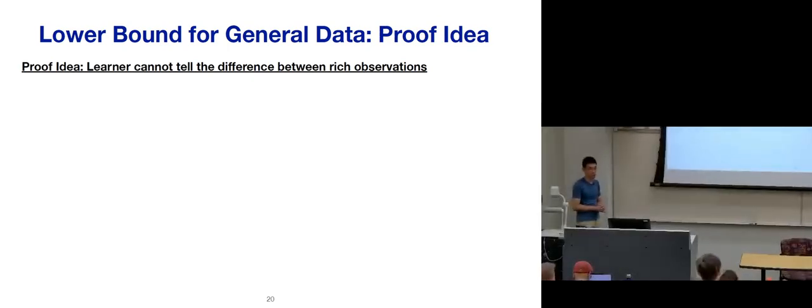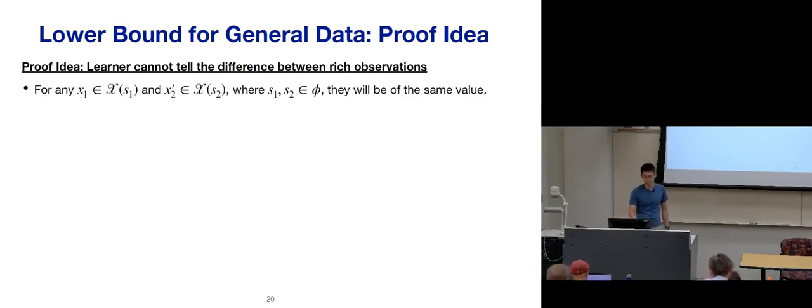So based on this construction, we will show that this is indeed a hard case for the learners to do offline policy evaluation. This is a hard case basically because the learner cannot tell the difference between the rich observations. So for any 2 states within the same aggregation scheme, within the same phi, within the same aggregated state, they'll be of the same values.